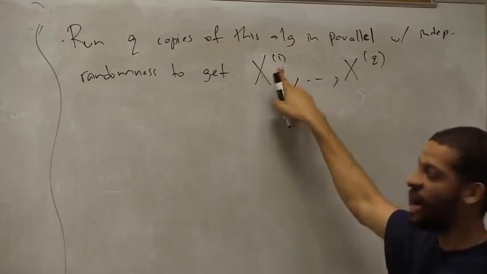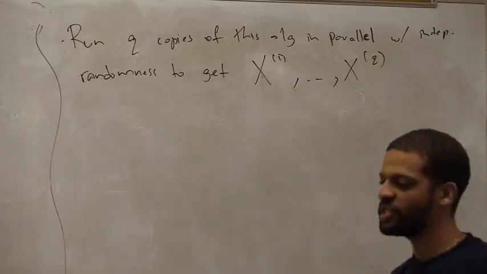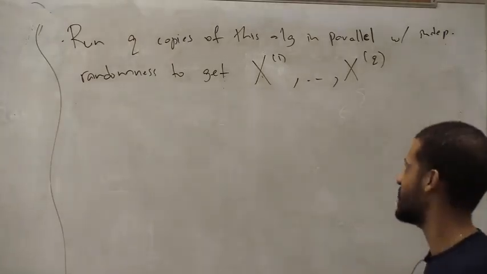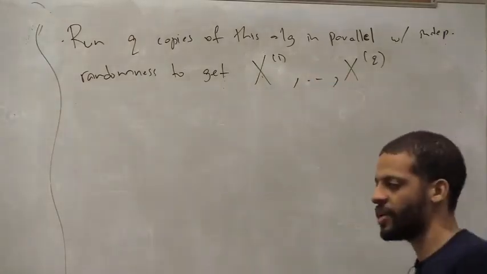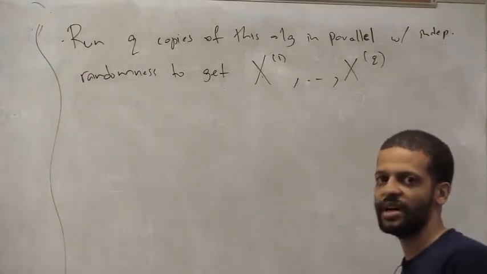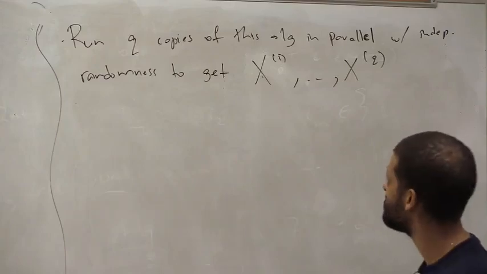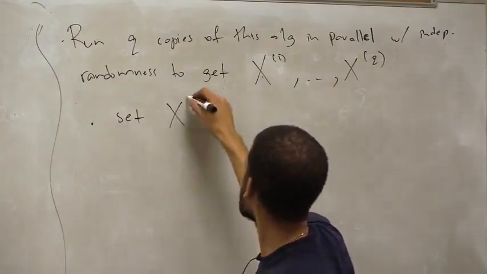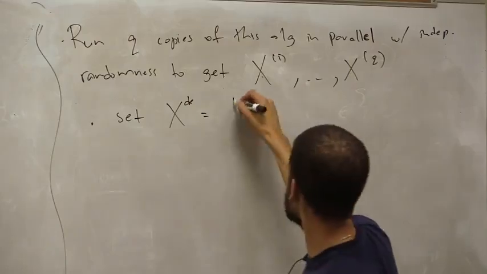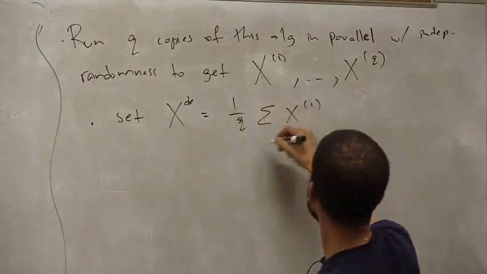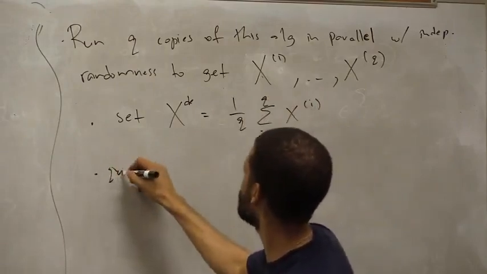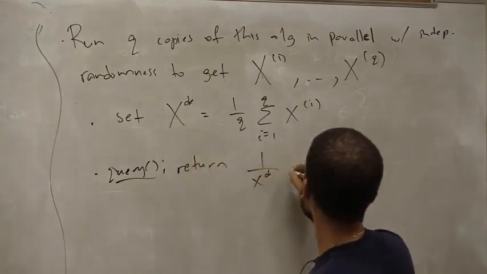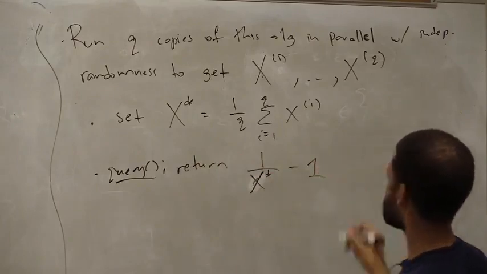So this x1 is like in the first parallel run of the algorithm, the min of all those function evaluations. X2 is in the second parallel run of the algorithm, the min of all those function evaluations, etc. And then we'll set x star to be the average of these, 1 over q times the sum of xi, i goes from 1 to q. And then query will return 1 over x star minus 1.